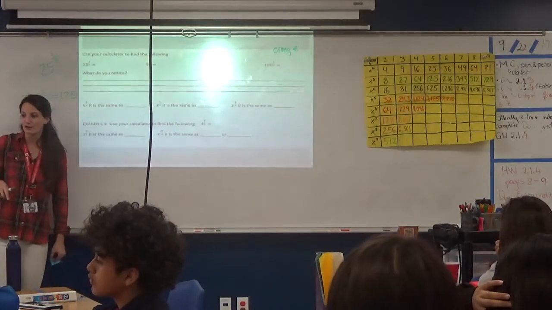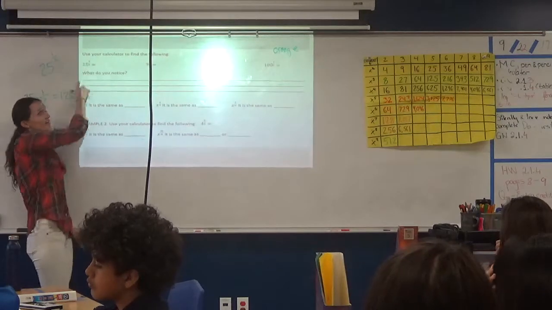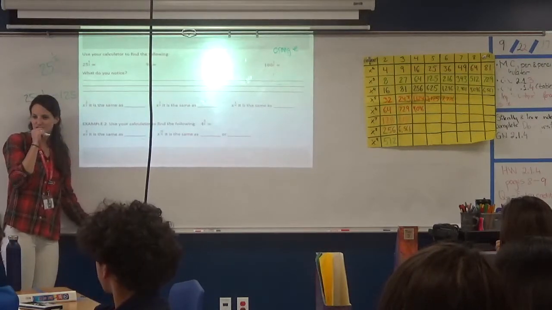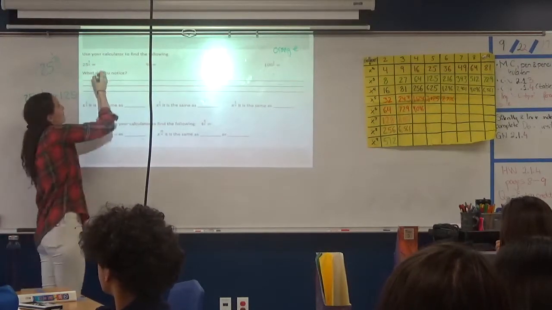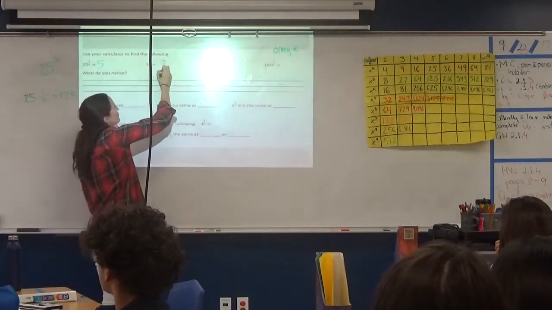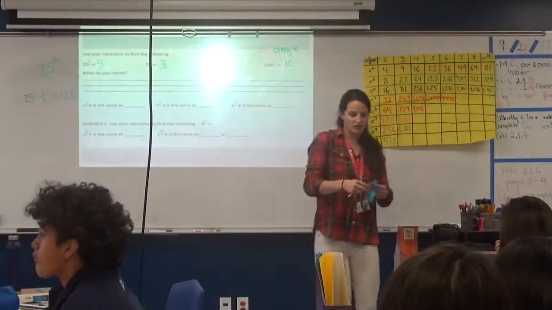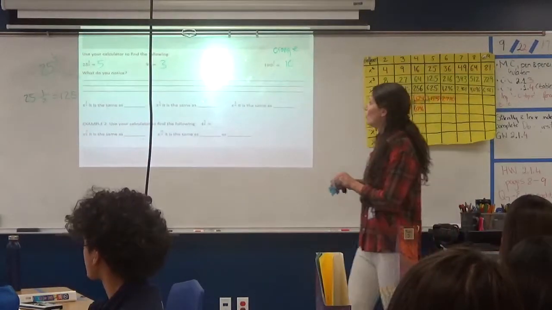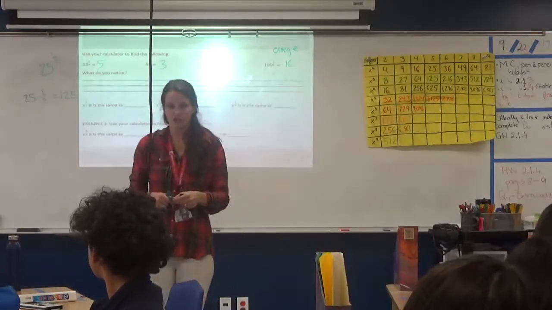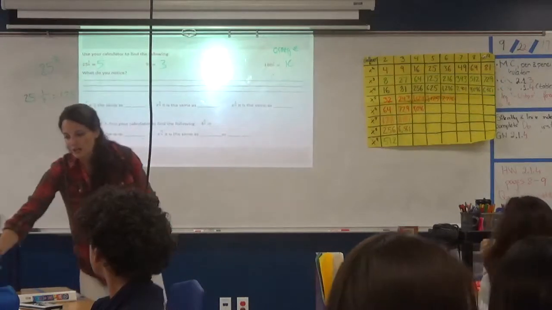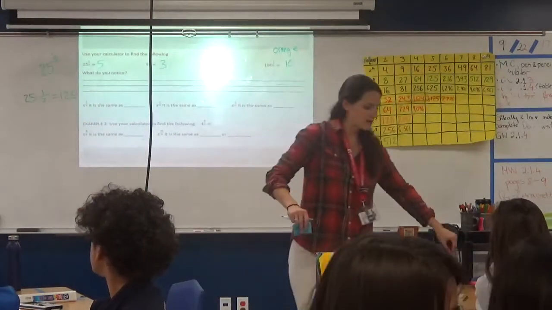So someone from your group, when you did 25 to the 1/2 power, what did you get? 5. And for this, they got 3, 6, and 10. So I'm going to go over to Karen. What did you notice, which you might have heard Jason say briefly at the beginning, about taking a power of 1/2?